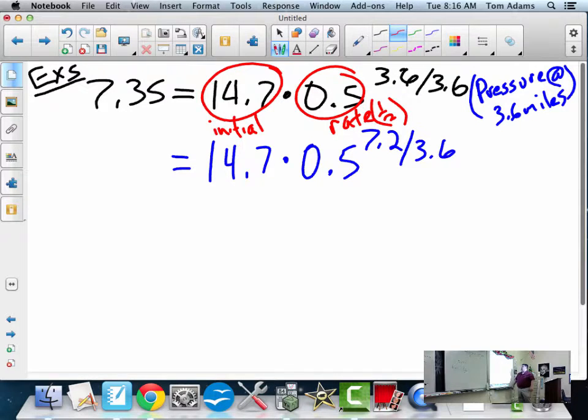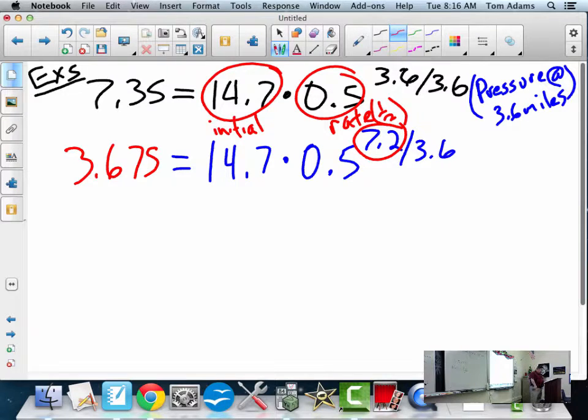So it seems like every 3.6 miles that you go up, the pressure would decrease by exactly 1/2, right? And that's exactly what happens. So here, when I double my rate, it will be exactly 1/2 of 7.35, okay?